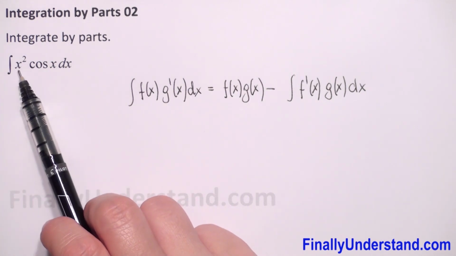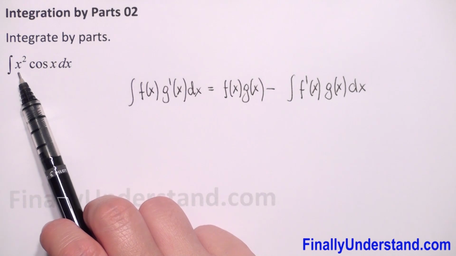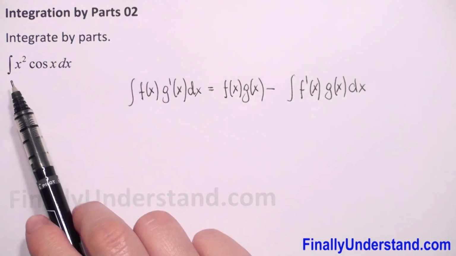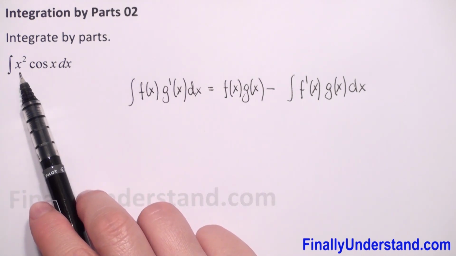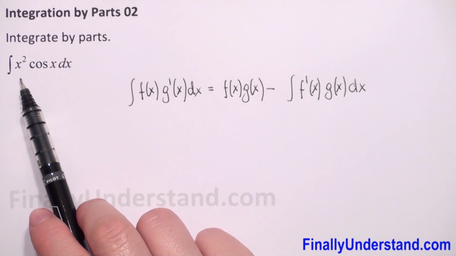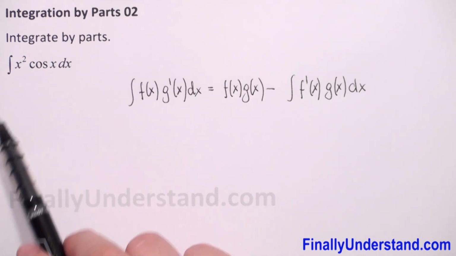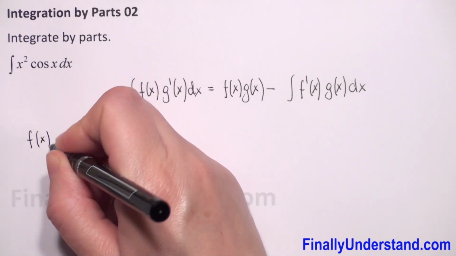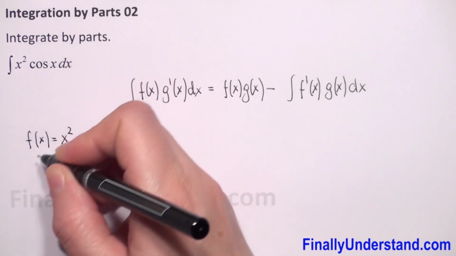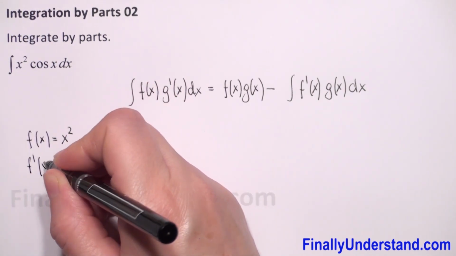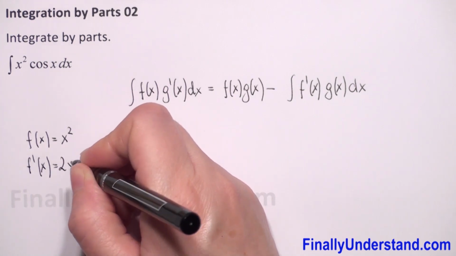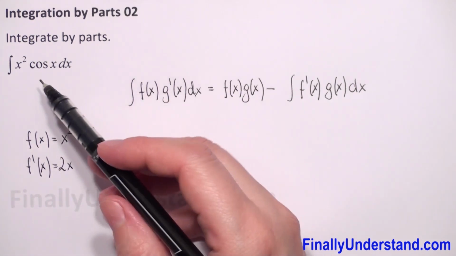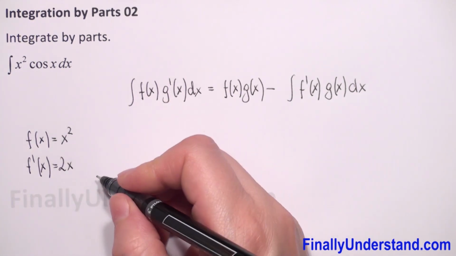Now we have to choose which function will be f of x and which g prime of x. Because we have x squared, if we put f of x equals x squared, the derivative will be 2x. Our function becomes simpler. So f of x equals x squared, f prime of x will be 2x, and what's left is cosine of x.